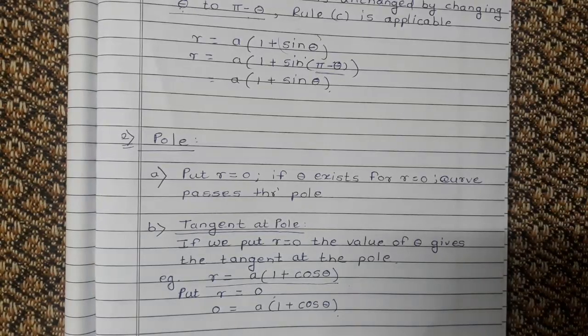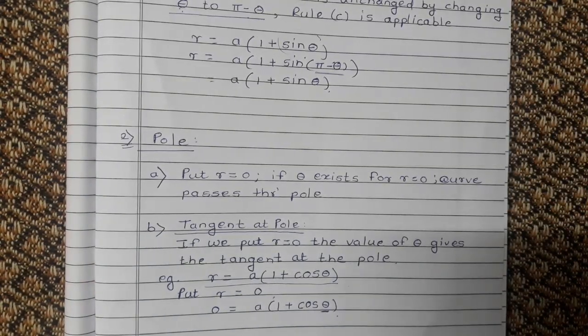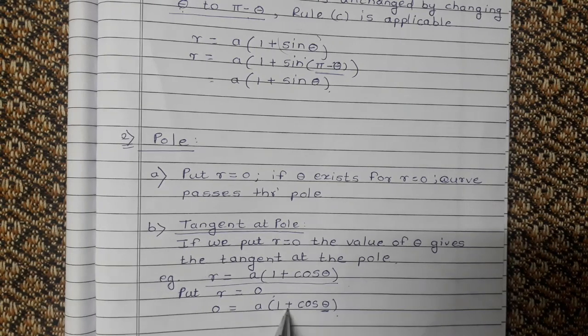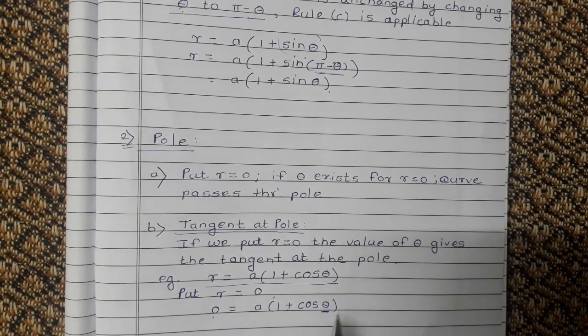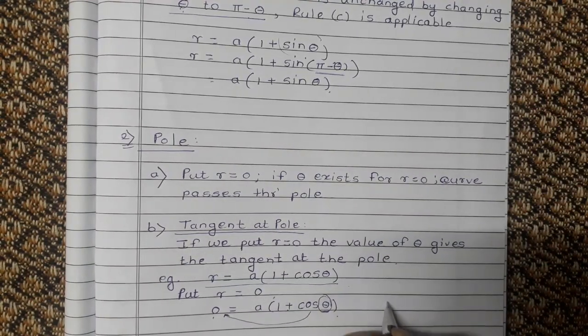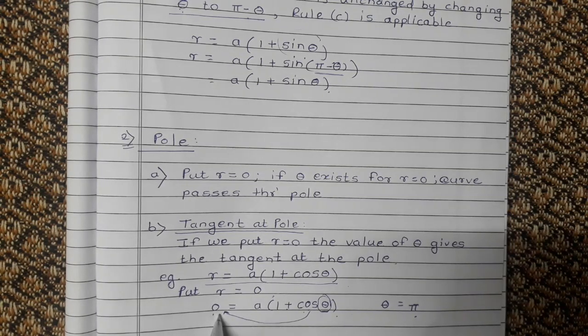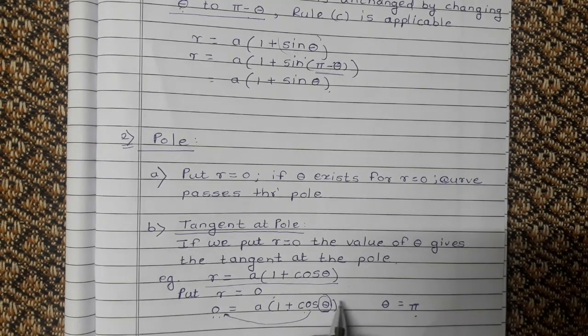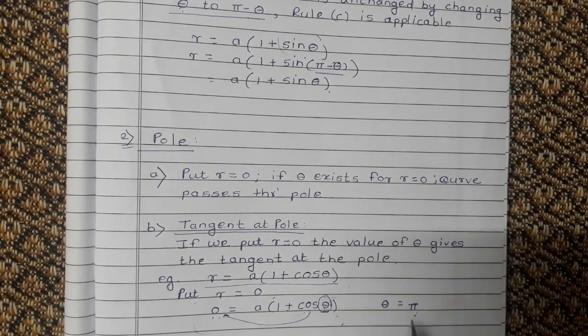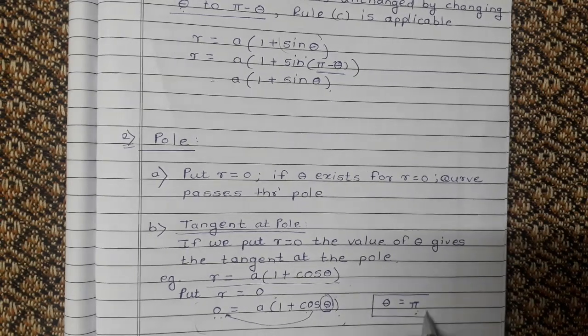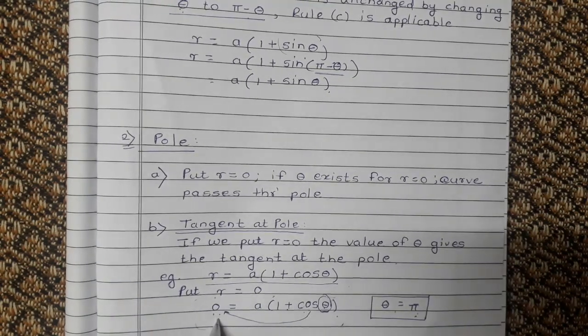Now I know that for what value of theta this equation will get satisfied, that is when I substitute theta equal to pi. Cos pi is nothing but minus 1, and then only I am going to get this equal to 0. So to satisfy this equation I need theta to be equal to pi. So at theta equal to pi value, I am having r is equal to 0.